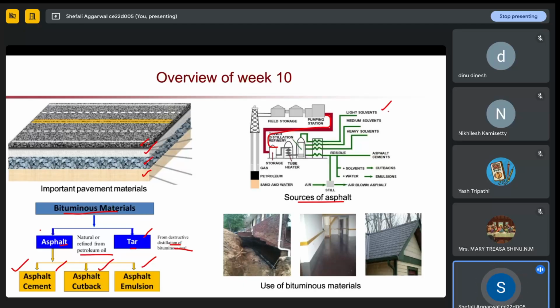Sorry. So after distillation we are getting different types of materials.